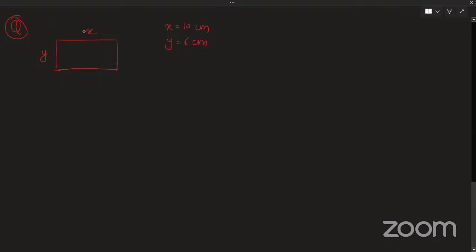And the length is decreasing at 3 centimeter per second and the breadth or the width is increasing at 2 centimeter per second.